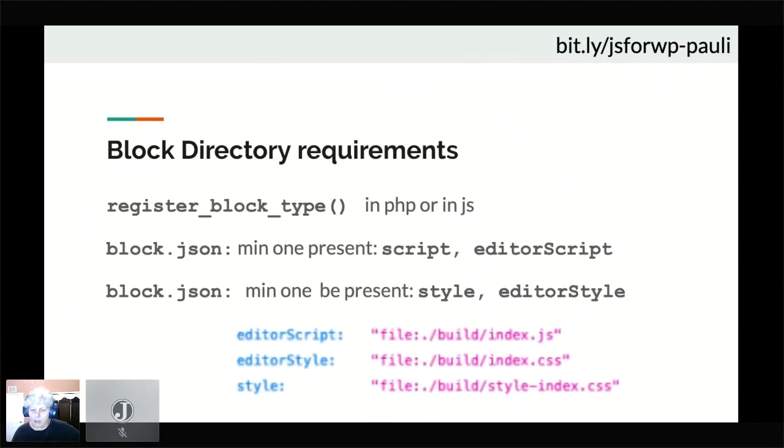It's also required that you have at least one registered block type function in PHP or in JavaScript, that the block.json at a minimum presents a script or editor script, and at a minimum one style or editor style. So again, that's the section of the block.json that will drive that. So that's the block directory that I can show you.